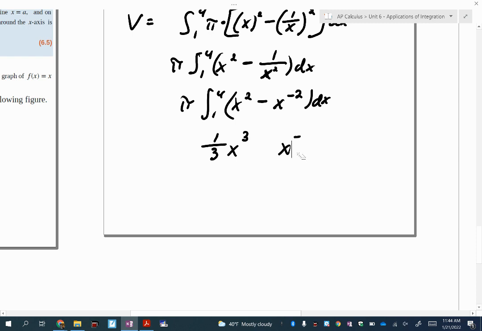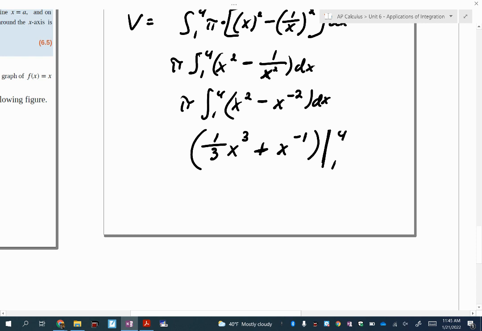So it's going to be x to the negative first power. And if I differentiate, I would get negative 1 x to the negative second power. So I actually have to put a plus sign here because I want to keep it as subtraction once I take the derivative.